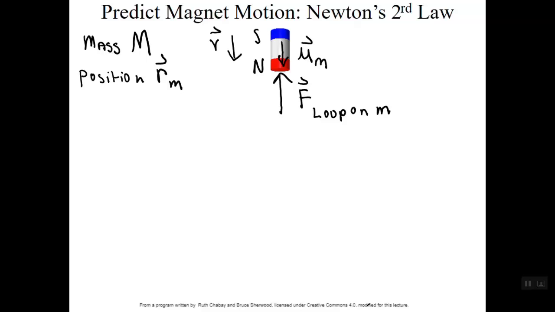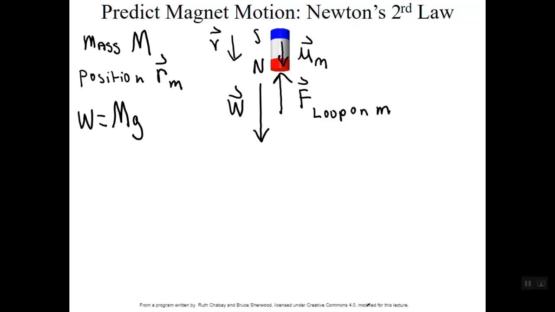In addition to the magnetic force F loop on M, we know that there is a weight force, the force of the Earth's gravity acting on the falling magnet. Call that force vector capital W, which we know points downward with constant magnitude, capital M times g, the acceleration of gravity.